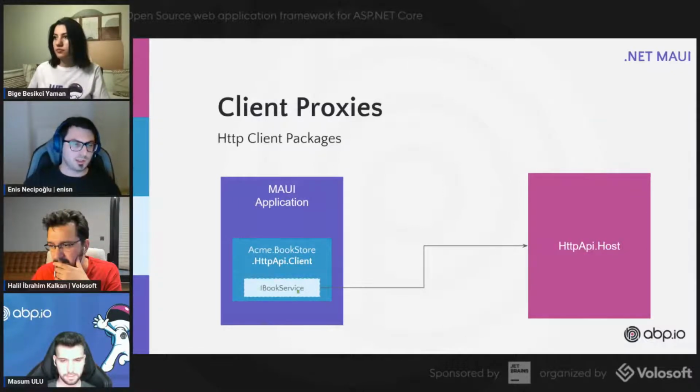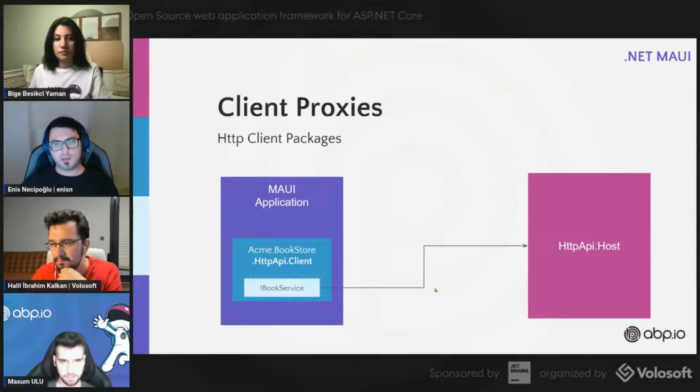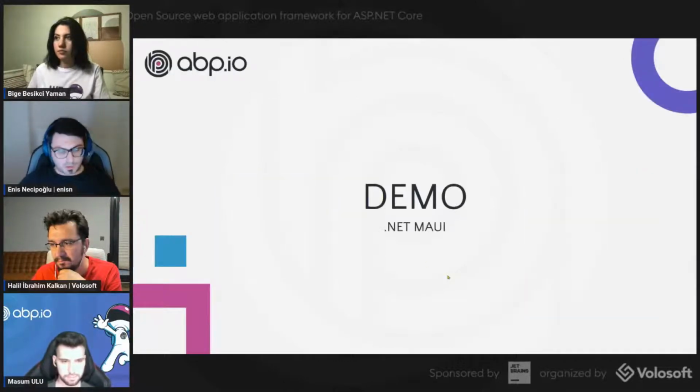When you inject this application service interface, client proxies will be automatically injected in that case, and you can call your HTTP API host by making an HTTP request. So let's take a look.